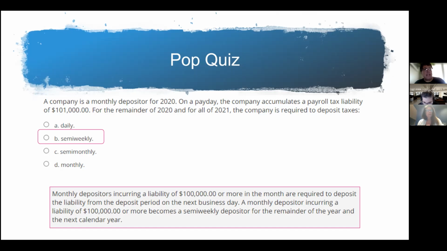But because they had 6 weeks there where they were doing $100,000 plus, they are for the next year a semi-weekly depositor. They've been semi-weekly for a long time, but because they had those $100,000 weeks, all of 2022 they will be a semi-weekly depositor because their look back period includes those $100,000 payments.